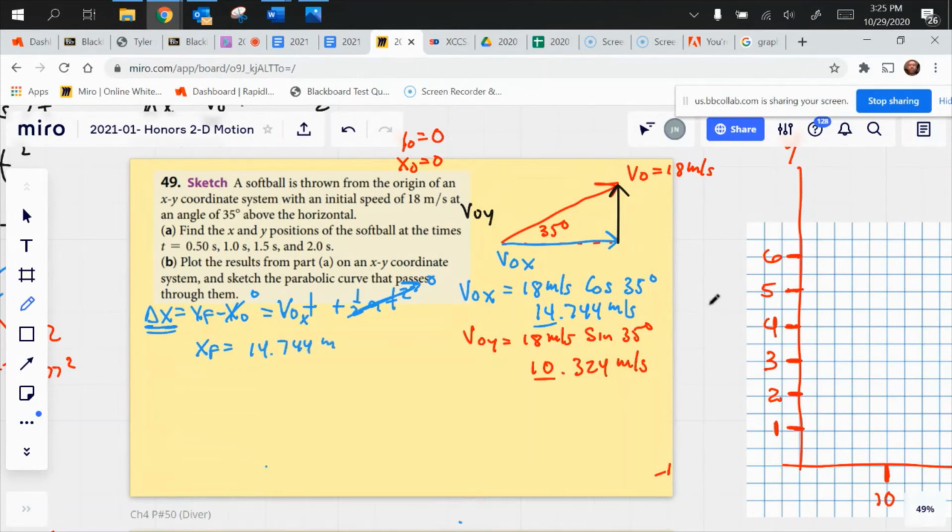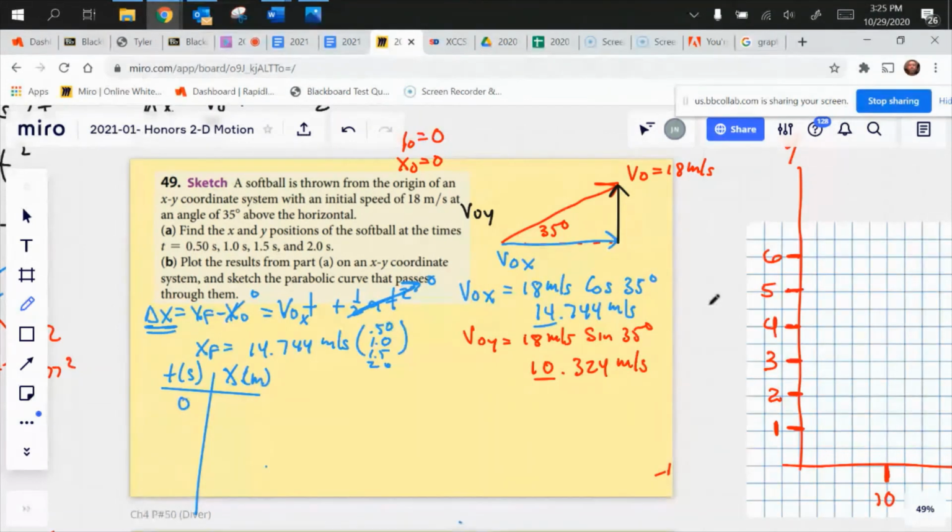14.744 meters a second, times whatever you're going to put in for the time. You're going to go 0.5, then 1.0, then 1.5, and 2. When you do that, you're going to get 4 different answers. Now, you peeked at the end, so you know that eventually they want me to graph this. So I'm just going to write this data in a T-chart, time in seconds and X in meters.